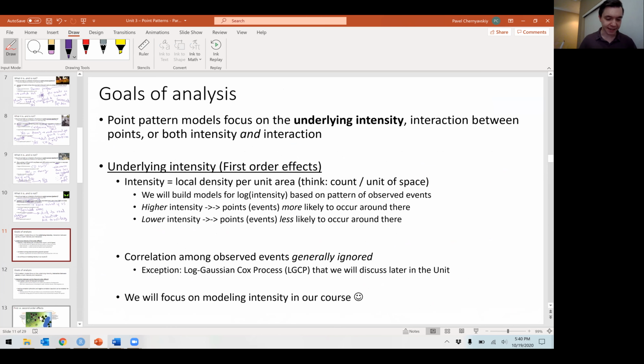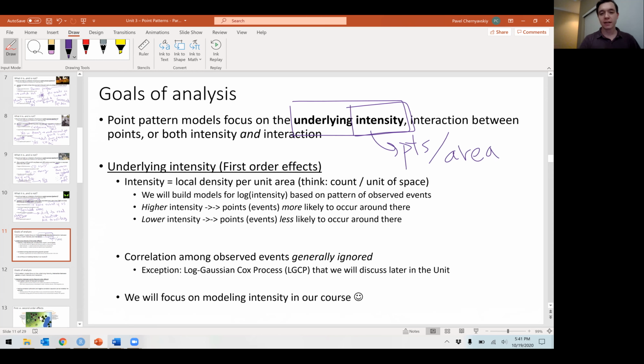So those are just 5 different scenarios that I wanted to think through with you guys to get us thinking about what is and isn't a point pattern. Goals of analysis. We can be analyzing either the underlying intensity, and again, intensity is basically a rate. It's the expected number of points per unit area. Think of it as a spatial rate.